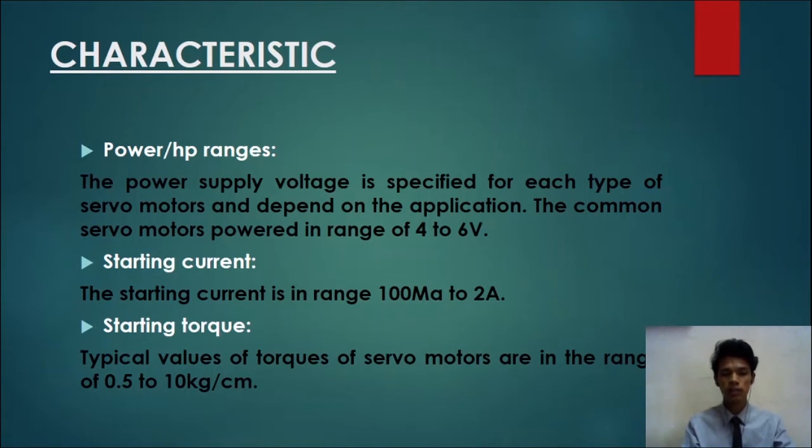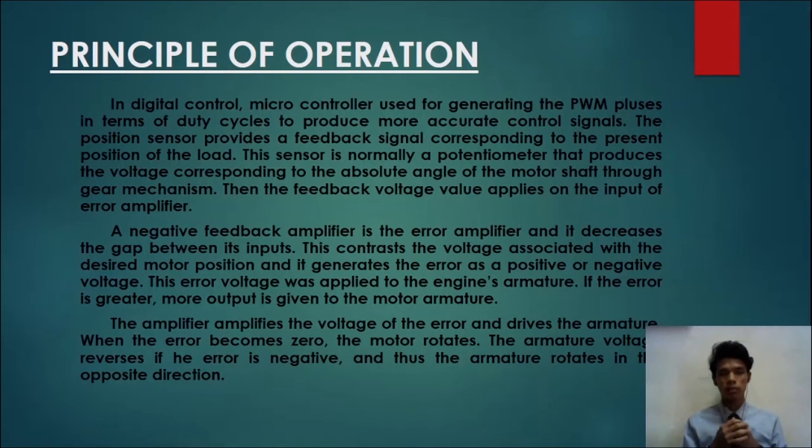For the starting torque, typical values of torque for a servo motor are in the range of 0.5 to 10 kilogram per centimeter.